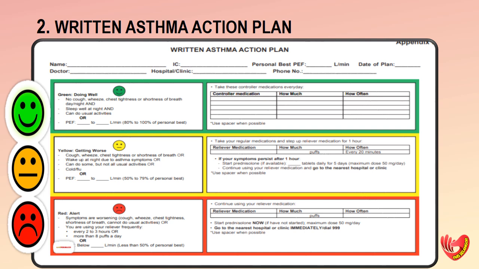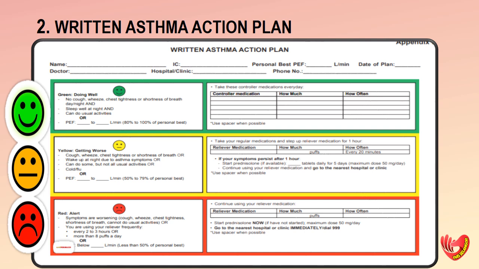The red zone is a medical alert. They may be very short of breath, or their reliever medication has not helped, or they cannot do their usual activities, or their symptoms are the same or get worse after 24 hours in the yellow zone. It is important to call 999 and get immediate medical help.